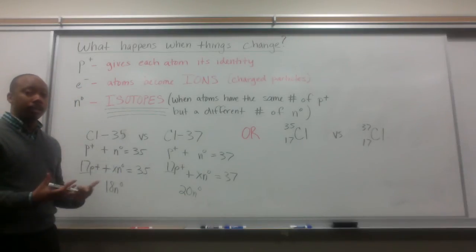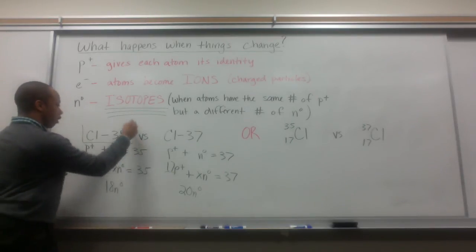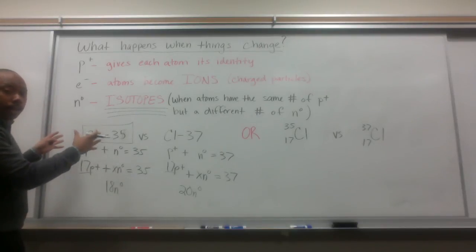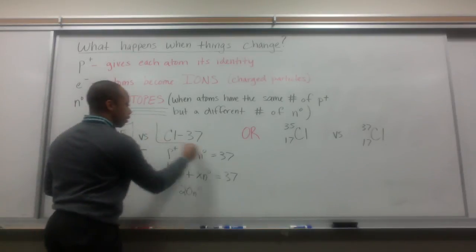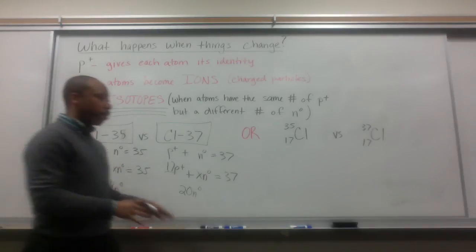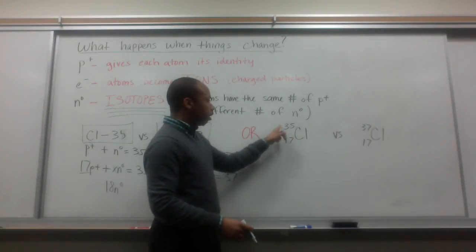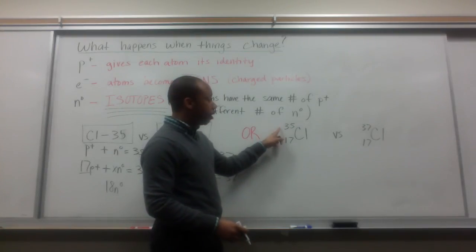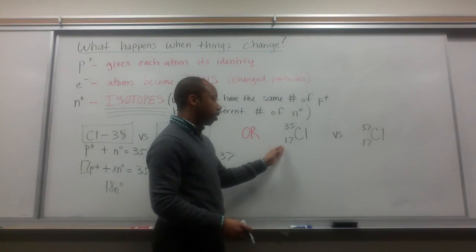Now, this is how you would write an isotope: chlorine-35. Sometimes it might be Cl, or sometimes the whole chemical name might be written out, chlorine-35. This is how you denote it. Another way to write it, which means the same exact thing, is with the elemental symbol, and above you have 35, the mass number of chlorine, and below you have the atomic number, meaning 17 protons.